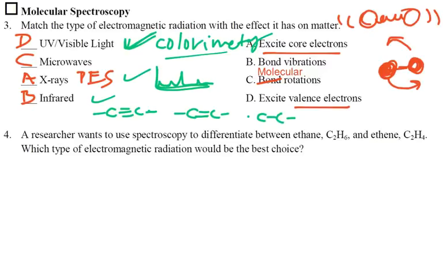Okay, so a researcher wants to use spectroscopy to differentiate between ethane, that's a single bond, and ethene. Which type of electromagnetic radiation would be the best choice? Okay, the best choice, infrared, because that's going to cause the bonds to vibrate.